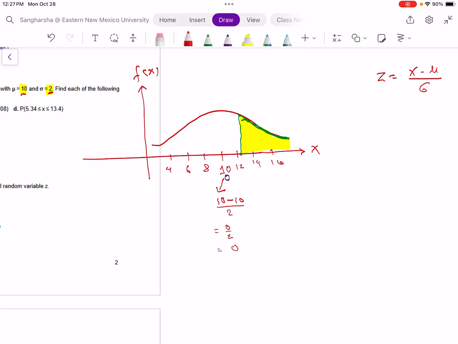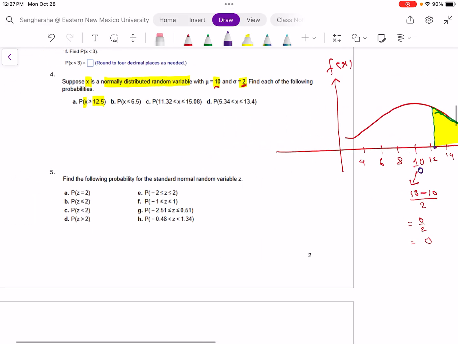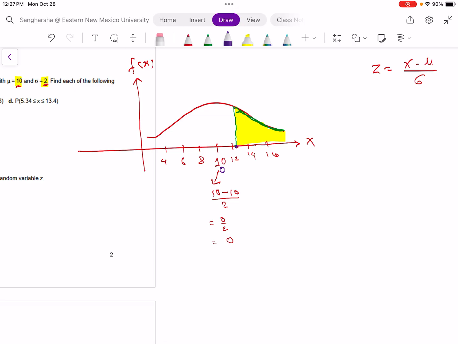Similarly, let's find the Z value for 12. I mean, you are not required to find that, but next we need a Z value for this point, and this point is 12.5. So let's find the Z value for this point. X is 12.5. 12.5 minus mu, which is 10, divided by 2.